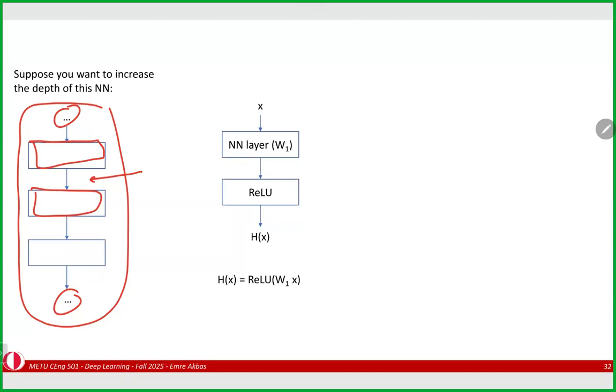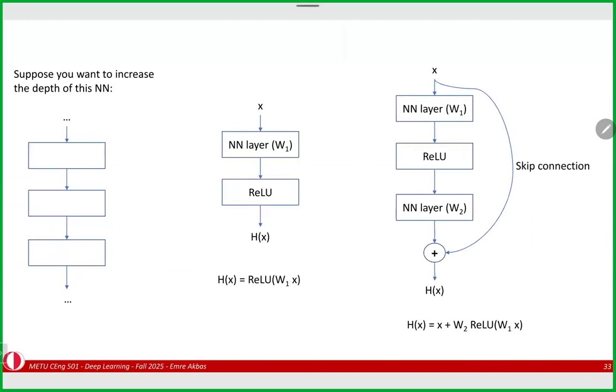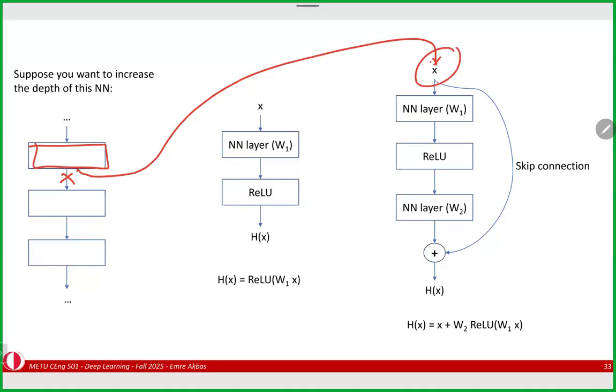So let me show the solution. If I break this connection and take this, connect the output of this block to here, and then take this output and connect to here. Okay? So it's like surgery. Now, what will happen? Let's look at the network here.